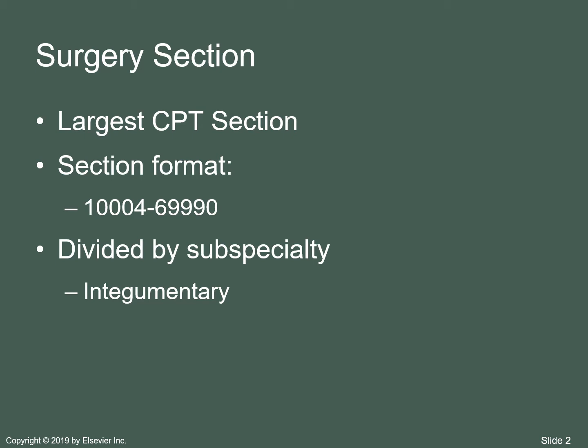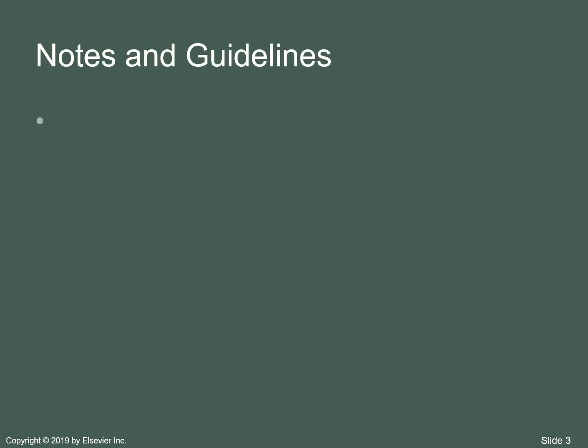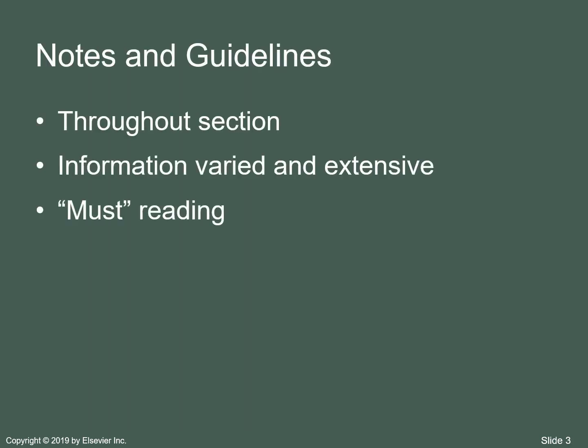It is divided by subspecialty, from the cardiovascular section to the respiratory section, the digestive system, the nervous, the eye, the ear, the male genital system, and the female genital system, and that's all in surgery. That's all the surgery that they will do, and that's how it's divided. So you will code from those sections.